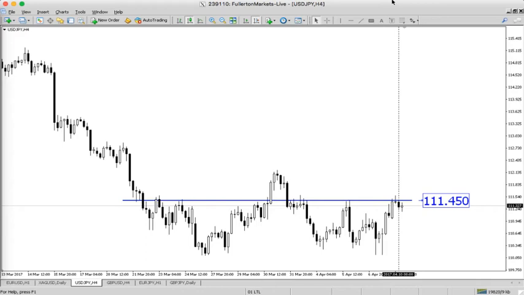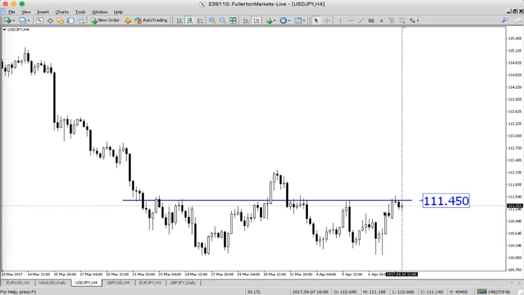So the market may start to scale back on rate hike expectations in June. If that happens, possibly we could see dollar yen heading towards 110 again. So that is our reasoning for a short dollar yen.